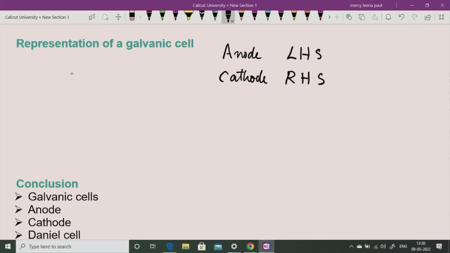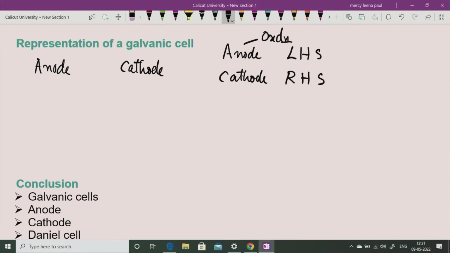So, that is the way. When I write a galvanic cell, I will write first the anode and then the cathode. As we have mentioned before, the anode is that electrode at which oxidation is taking place, and the cathode is the electrode at which reduction is taking place.